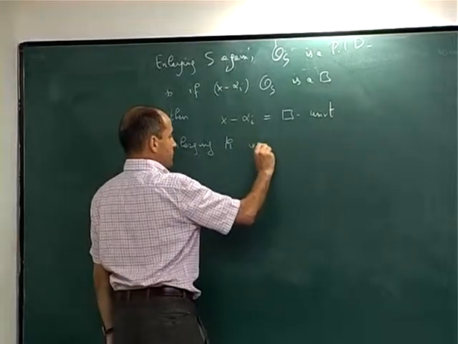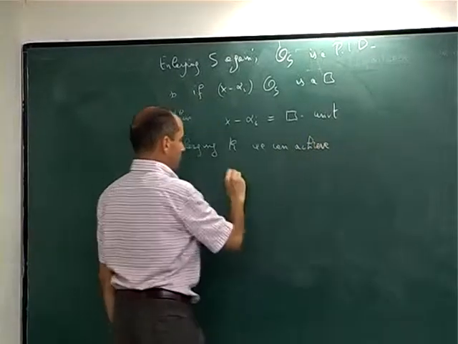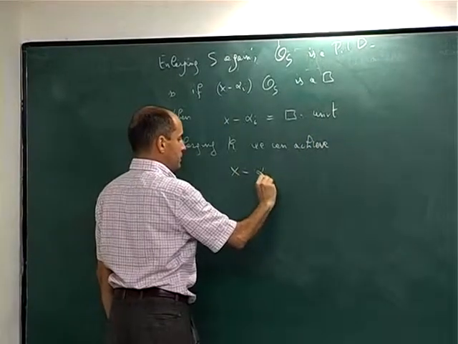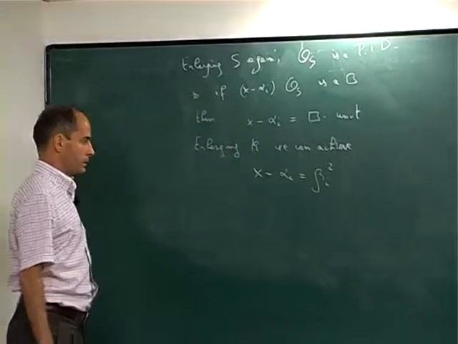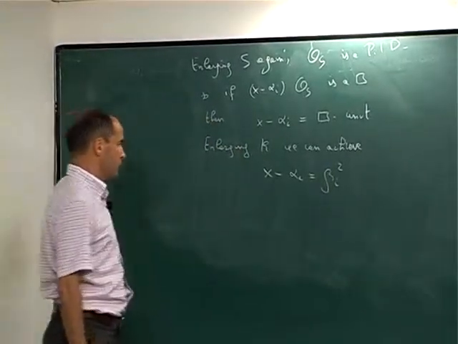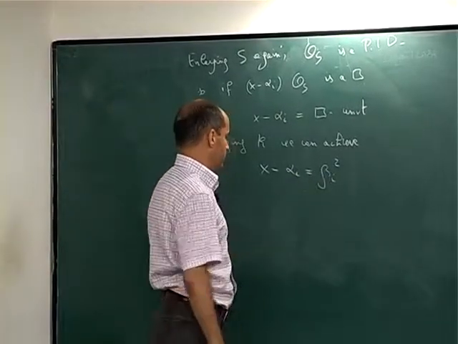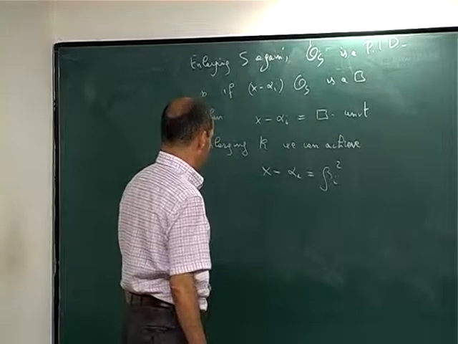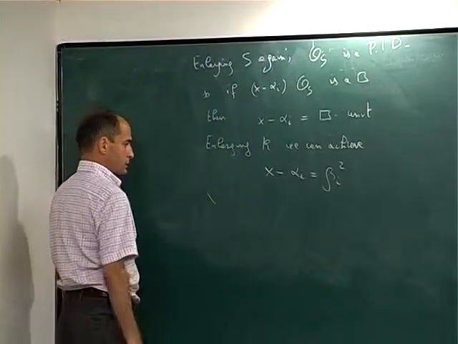So we can achieve x minus alpha i equals beta i square. Okay, so now we have that. So we take 3.